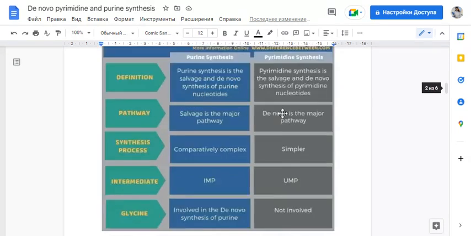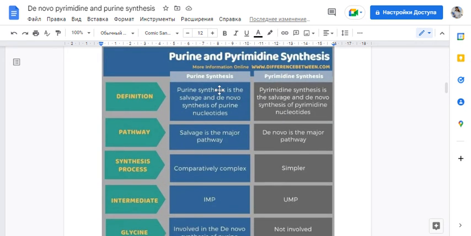First, we will talk about our summary table about synthesis of purines and pyrimidines. Both of these pathways use de novo synthesis as well as the salvage pathway. Today, we will talk about de novo synthesis, but purines mostly use the salvage pathway, whereas pyrimidines use de novo synthesis.